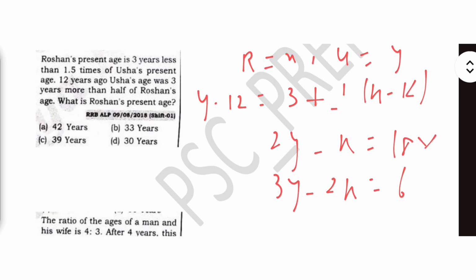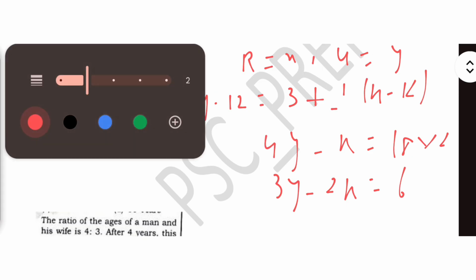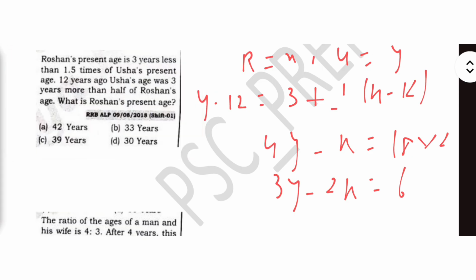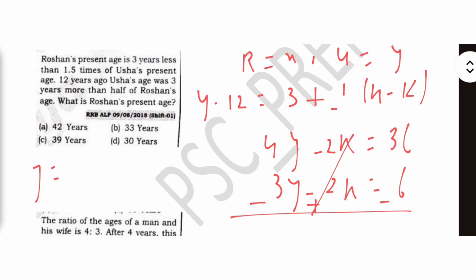If you multiply this by 2, what do you get? This becomes 4y, minus 2x, and this becomes 36. So the minus 2x and plus 2x get cancelled, so your y is how much? 30 years. And what is Roshan's present age?